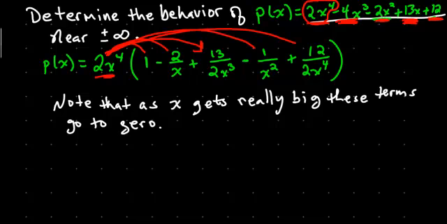And when I say these, let's say we're talking about the terms in this purple color here. These terms. That is, this term goes to 0.